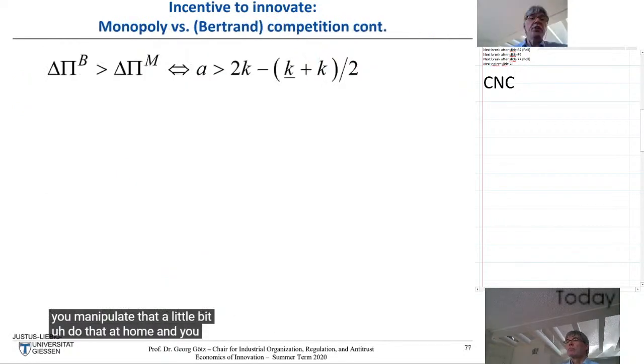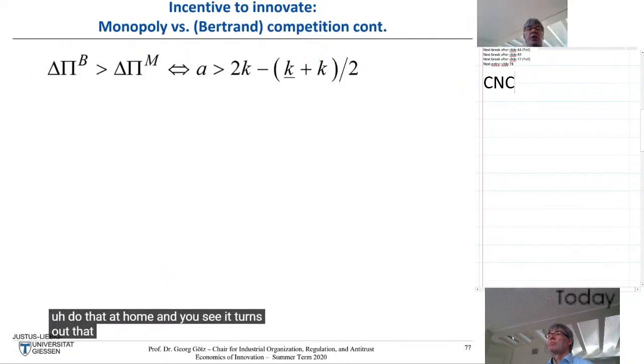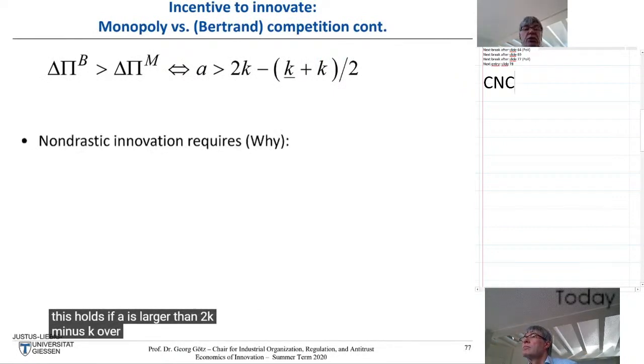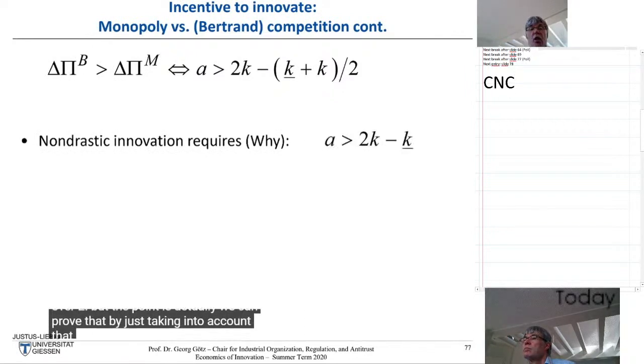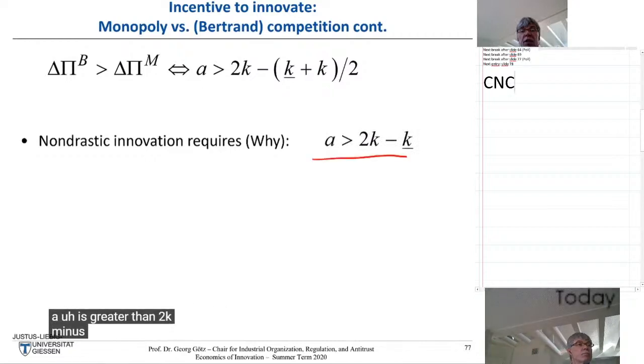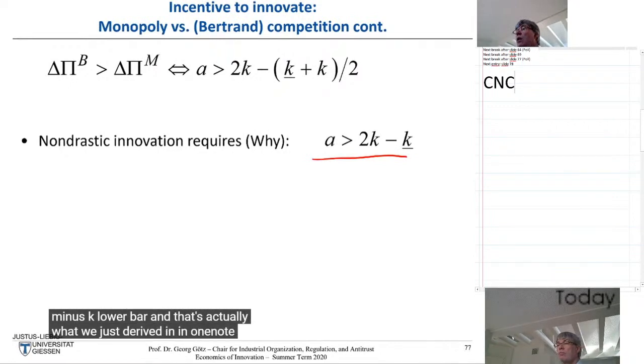Do it at home, and you see it turns out that this holds if A is larger than 2K minus K lower bar plus K over 2. But we can prove that by taking into account that A is greater than 2K minus K lower bar, and that's what we just derived in OneNote.